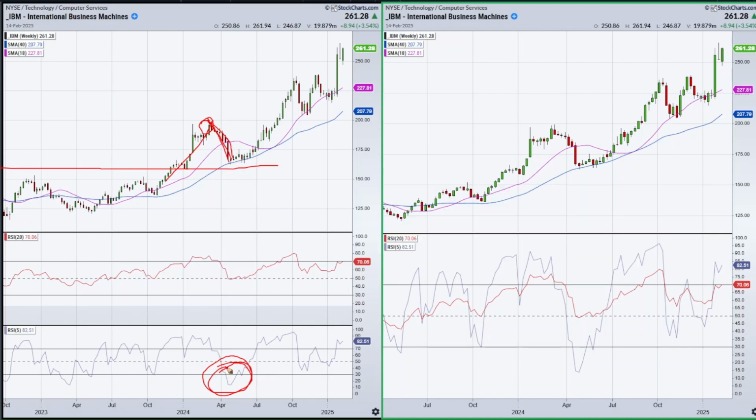Or you can get it sometimes when the market is getting hit. All right, you could be in a strong trend and a stock goes down with the market and gets a deep oversold reading. But the key to this is that the RSI 20 holds above the 50 level. And most of the time when you get a deep oversold reading, you're going to come down and find support at the 40. All right. If you're not holding the 40 on these deep oversold, then you've got to kind of question the signal.